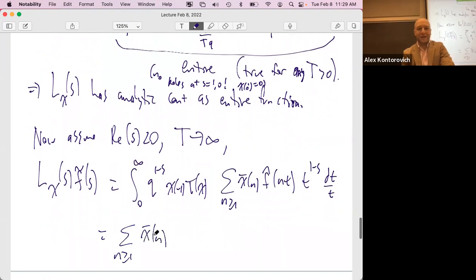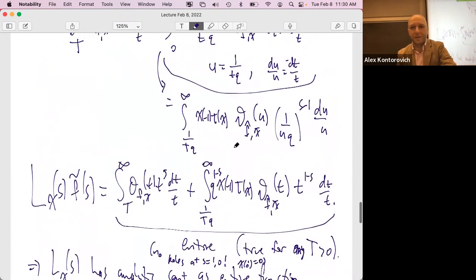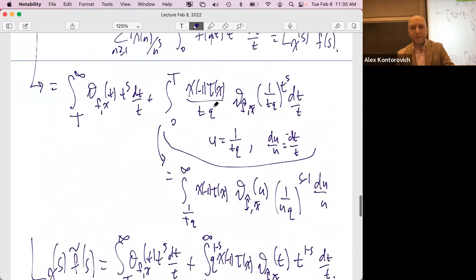Chi bar of n. Of course, there's this stuff in front: q to the minus s, chi of -1, tau of chi. I want this to be a tau of chi over q and q to the minus s. Am I missing something here? Did I lose a factor of 1 over q? I have my 1 over q here. This is du over u.